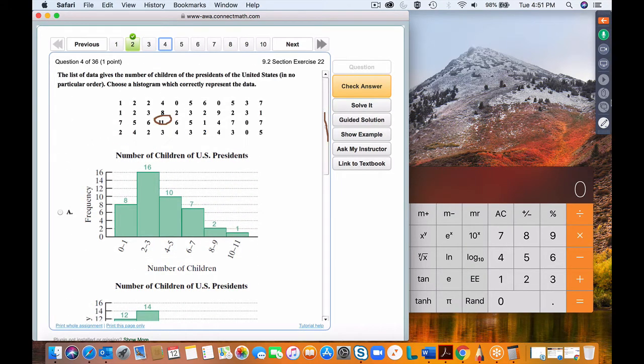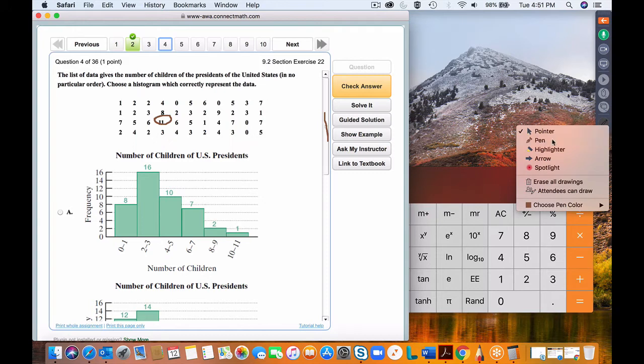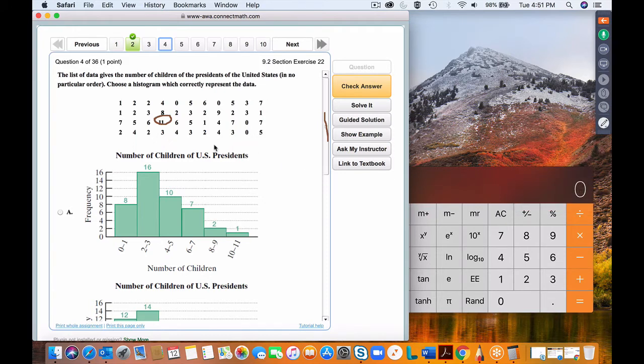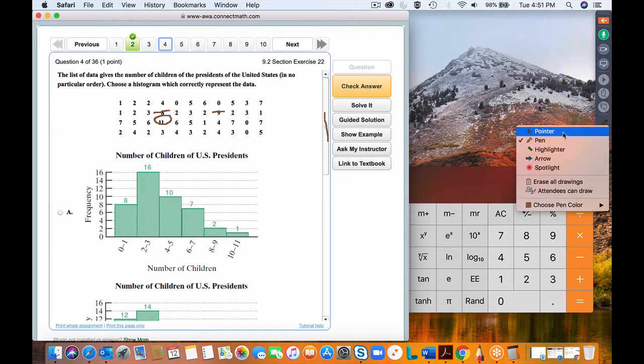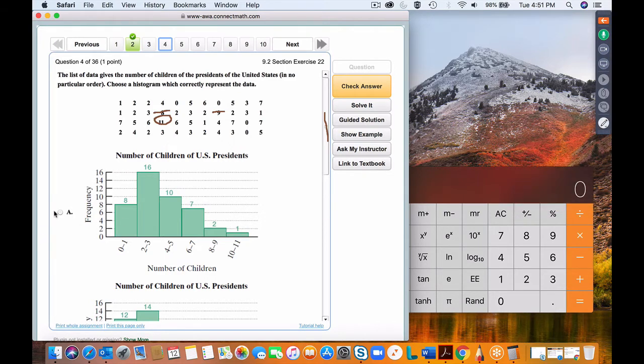So let's look for A and 9. We have one A over here, 1, 9, and that's it. We don't have any more A and 9. So we know it's 2. So we can pick A.